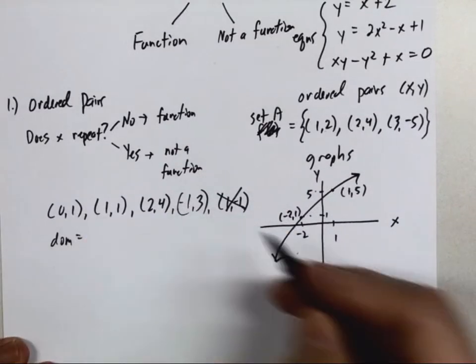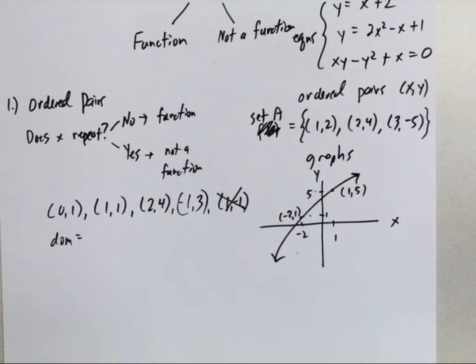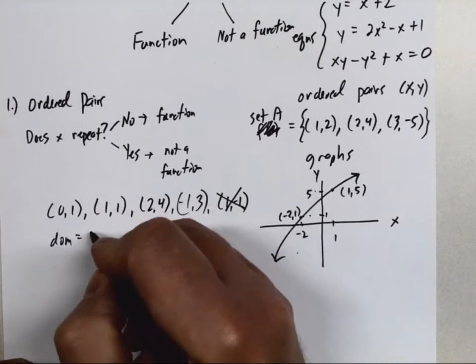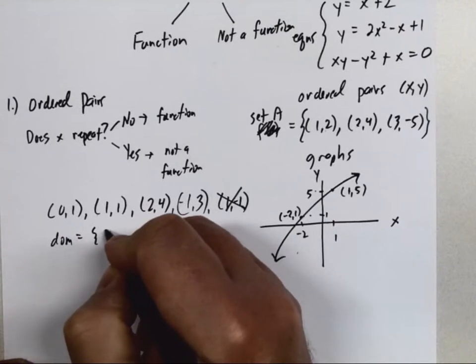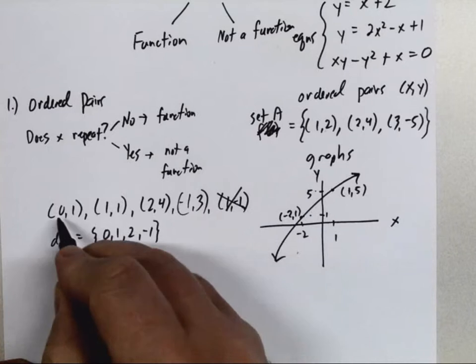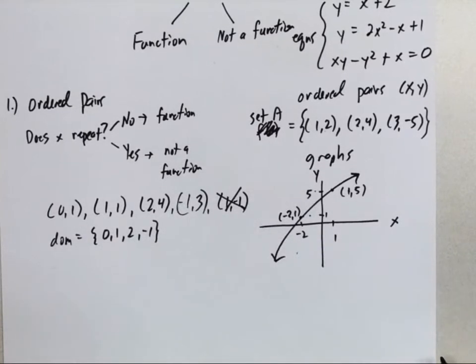So now we do have a function. They say, what's the domain of this function? Well, in this case, the domain is all the possible values of x, but we have a very, very limited world. Matter of fact, we only have 4 values for x. So you would say the domain is 0, 1, 2, -1, right? I just simply list all the x's. That's the domain when you have ordered pairs.